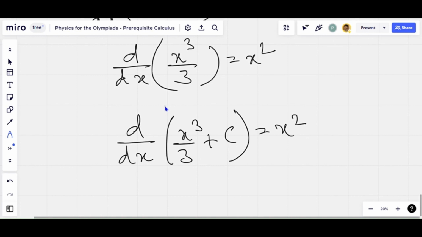Now let's try to understand all these in terms of the notation of integration.